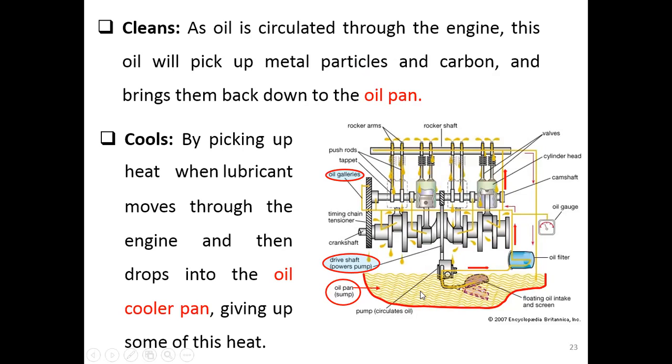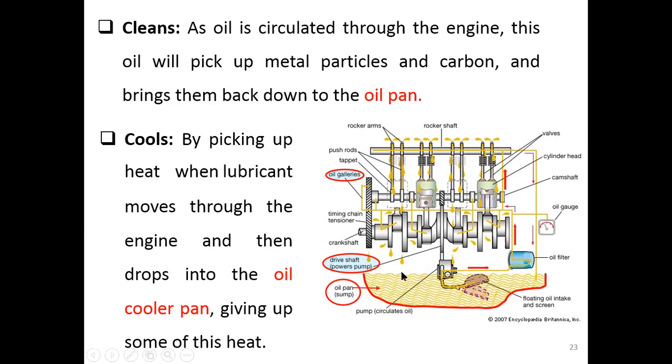Number 4 is to cool down the engine by picking up the heat. The lubrication oil not only reduces the friction but also picks up the heat and brings the heat back with it, down to the oil cooler pan.